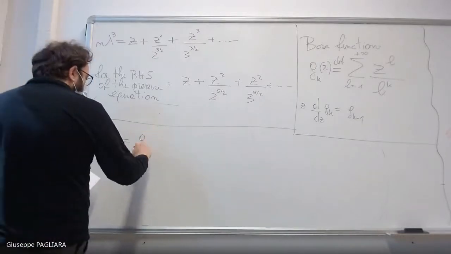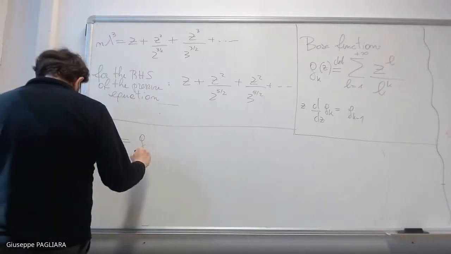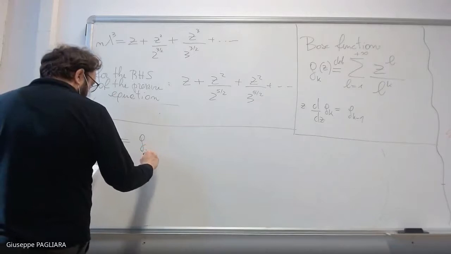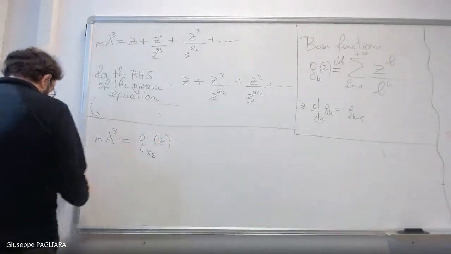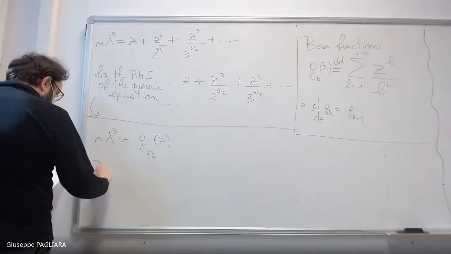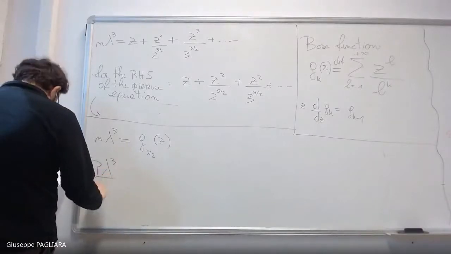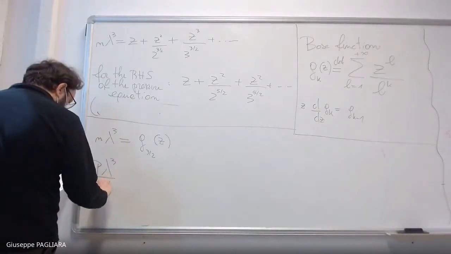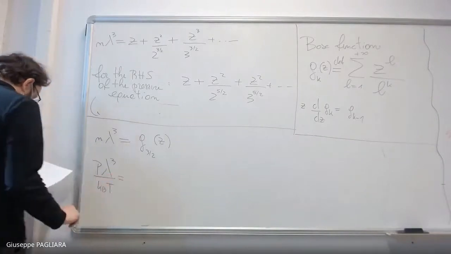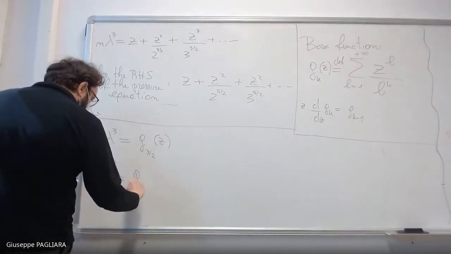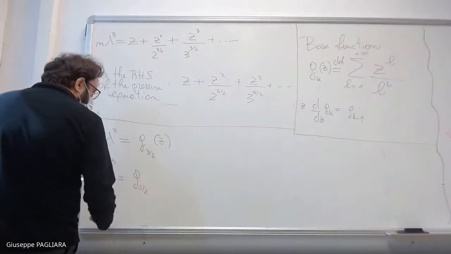So this n lambda cubed is g_{3/2} of z, and p lambda cubed divided by kBT, that was the relation of the pressure, is equal to the Bose function with an index which is 5/2.